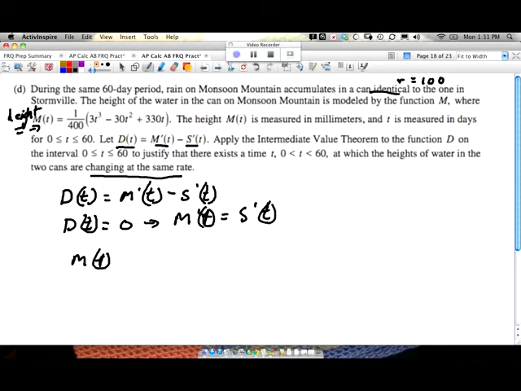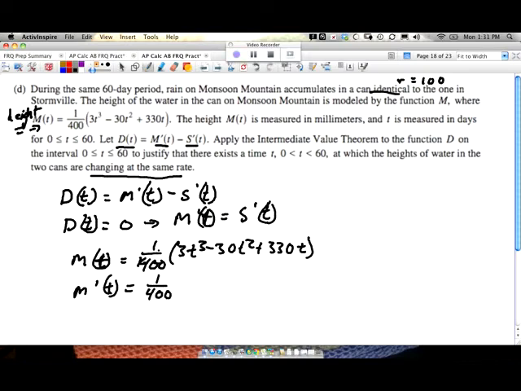First, M of t is 1 over 400 times 3t cubed minus 30t squared plus 330t. So M prime of t equals 1 over 400 times, if I take the derivative, 9t squared minus 60t plus 330.